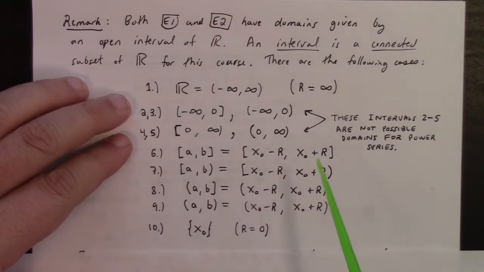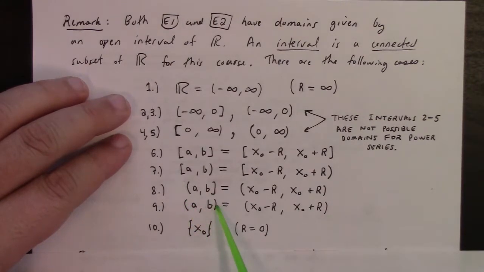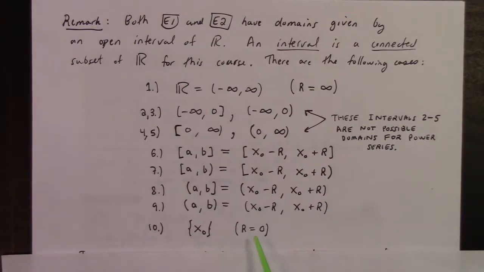And then you've got finite intervals, either including both endpoints, including the left endpoint and excluding the right, excluding the left endpoint and including the right, or excluding both endpoints. And finally, you have the singleton, your set containing one point. Of these, cases 1, 6 through 10 are all allowed as possible domains for power series.